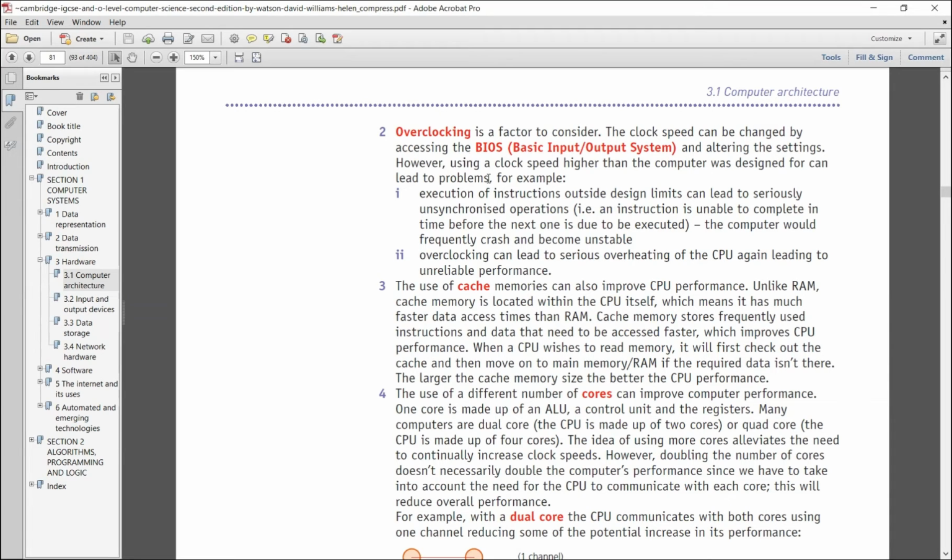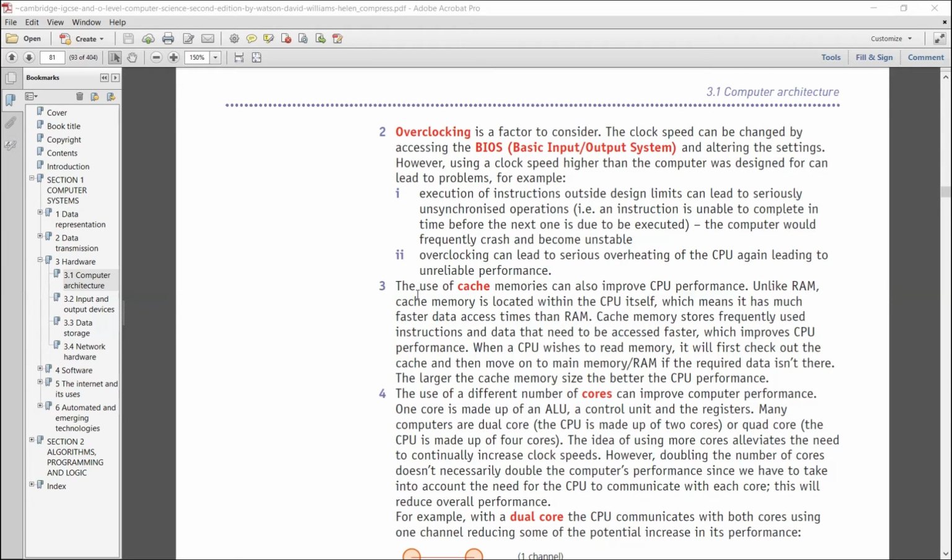But remember, clock speed can be increased only to a certain extent. If you try to increase the clock speed to a value it cannot handle, it becomes a problem for the computer, and that is called overclocking. So this is what you need to know.